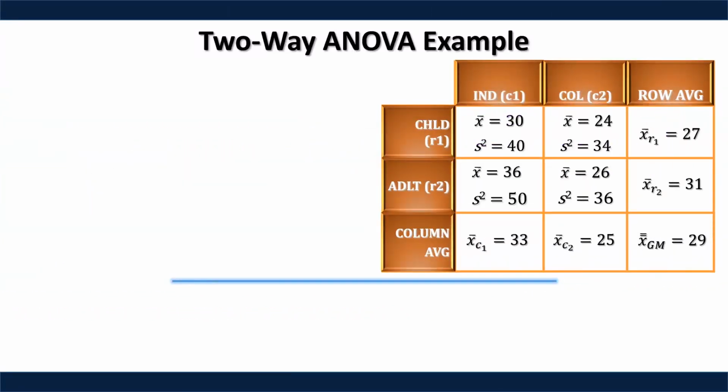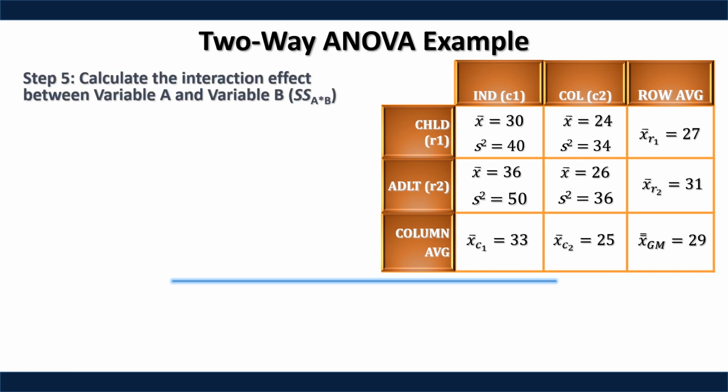In step 5, we calculate the variation for the interaction effect. Here's the equation for calculating that interaction. As you can see from the calculation, you take the mean of each cell, subtract it from its respective row mean and column mean, add the grand mean, square that number, and multiply it by its sample size.